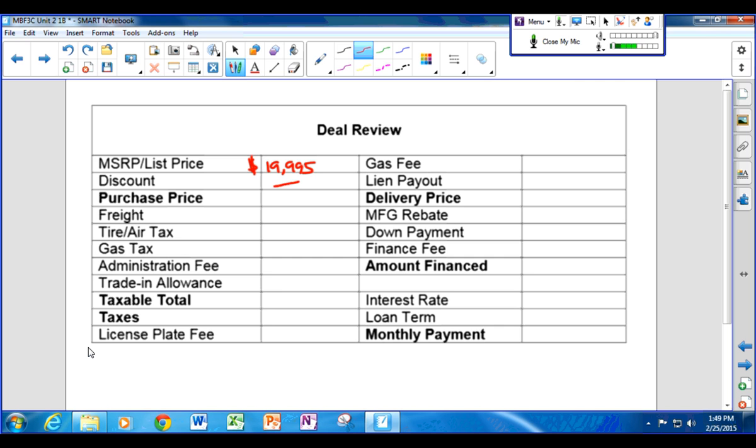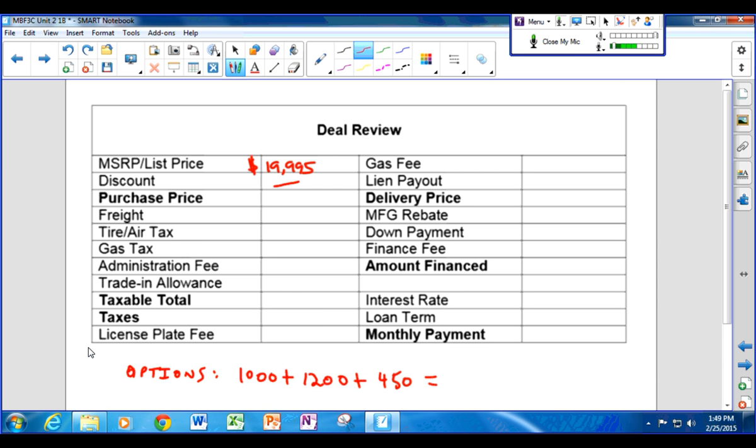So the options. Okay, that's supposed to be an O. The options are the air conditioning, which is 1,000, plus the automatic transmission, which is 1,200. You know, for people that don't drive, a lot of people learned on a standard, but for people that didn't, it's really hard for them to drive a standard.